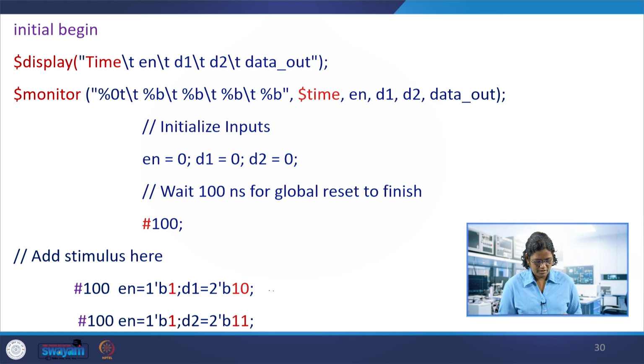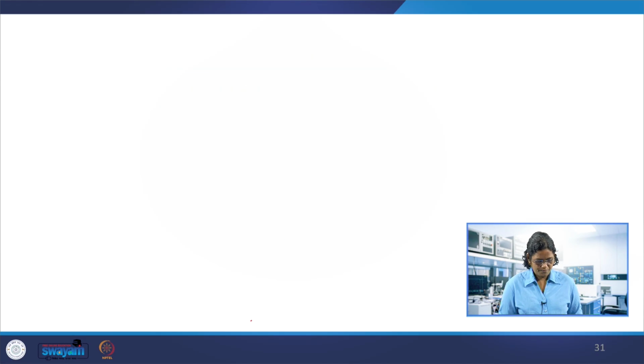Here D2 is not specified at this point, so with enable 1, D2 should be assigned; it is 0 0, the previous value is taken here. Enable 1, D2 is given here as 1 1. At this stage enable is 0, so D1 is picked, and here it's defined, fine.